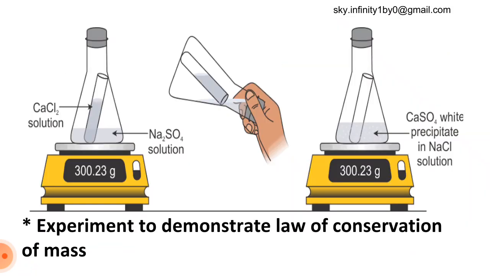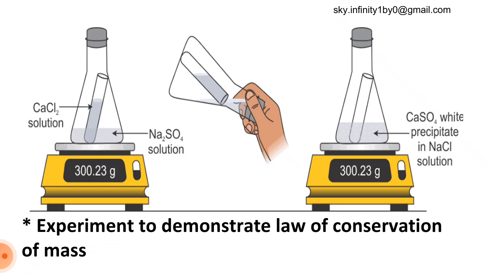This experiment demonstrates this law in the best way. A solution of calcium chloride is taken into a test tube and sodium sulfate solution is taken into a conical flask, and the weighing balance is used in order to check the mass.